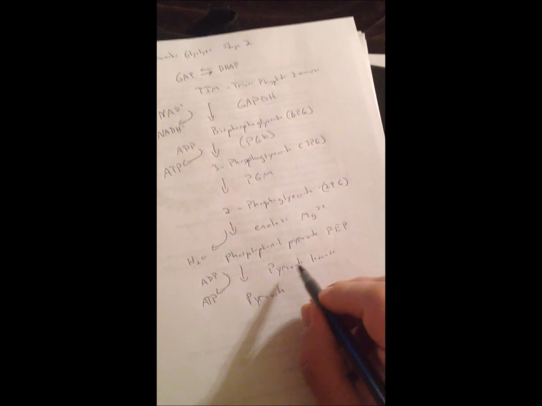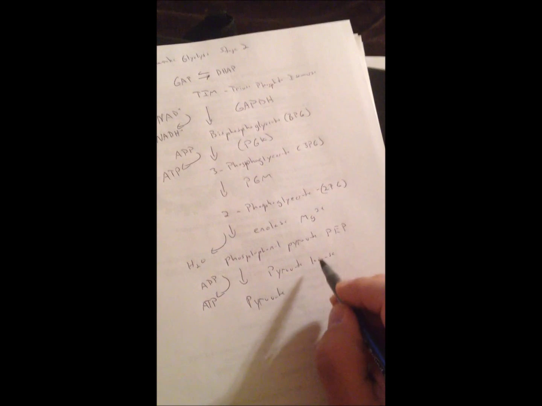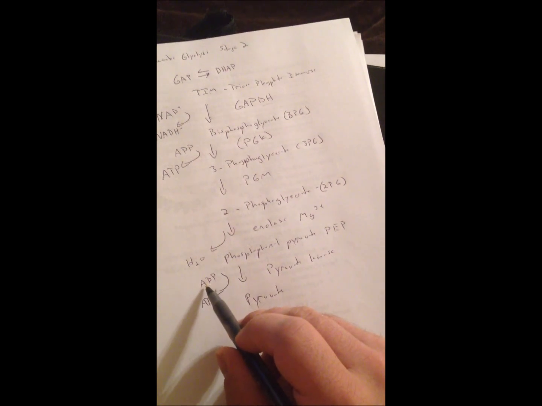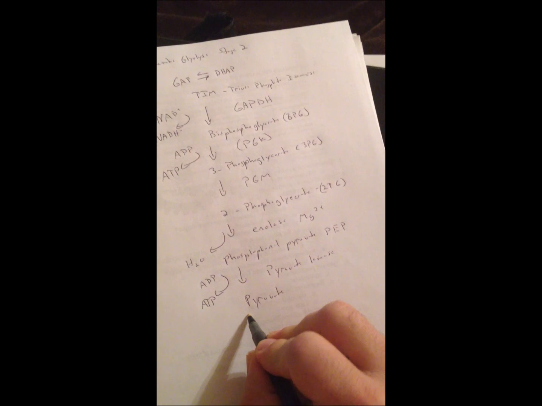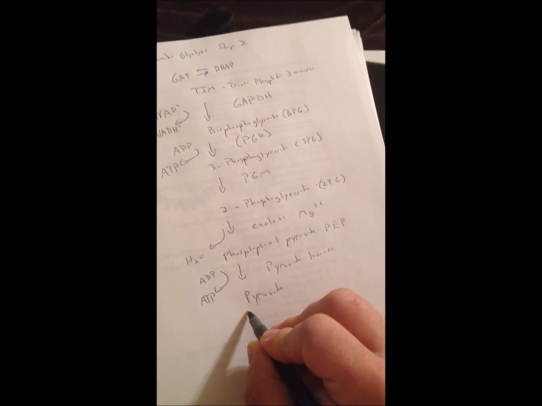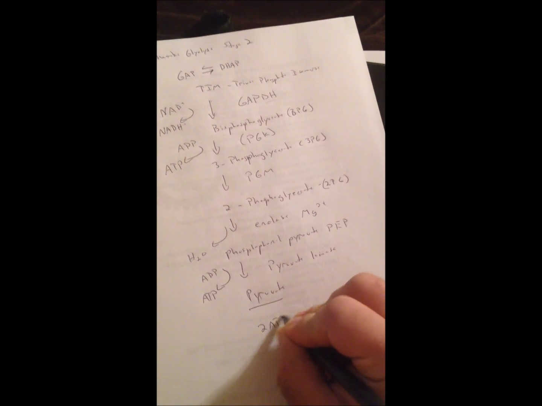So again, breaking down another phosphate group here with the kinase, and then that's going to give us the ADP to ATP and leave us here with pyruvate. Our products being our pyruvate and 2 ATP.